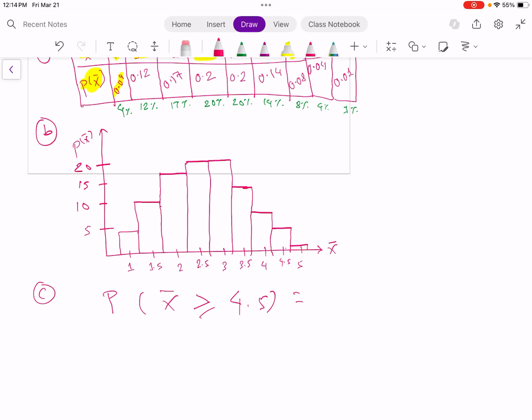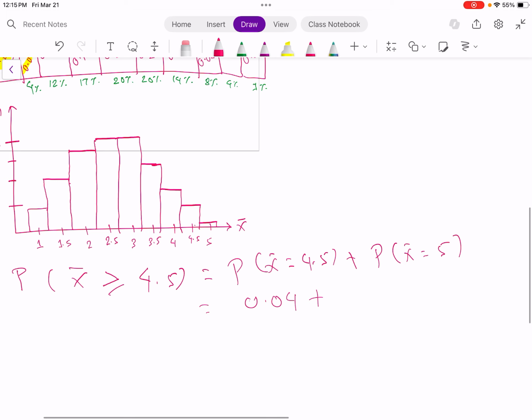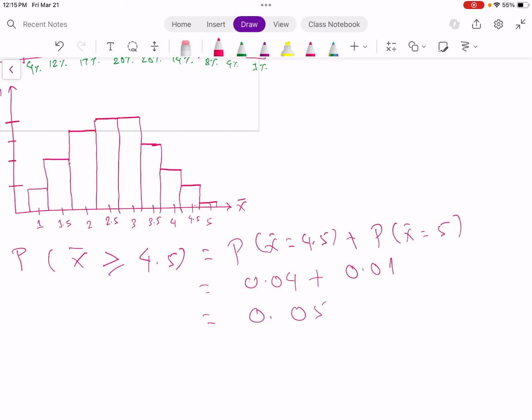So this is equal to the probability that x bar equals 4.5 plus the probability that x bar equals 5. From the distribution table, the probability that x bar is 4.5 is 0.04 plus the probability that x bar is 5, which is 0.01, and this is equal to 0.05. So 5% is the probability that x bar takes a value 4.5 or greater than 4.5.